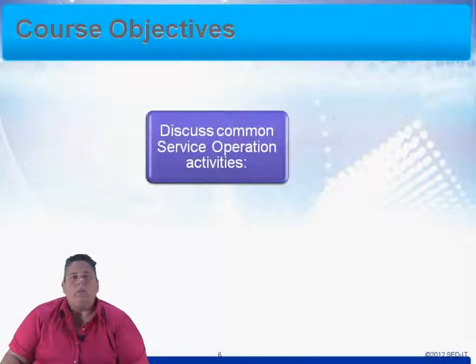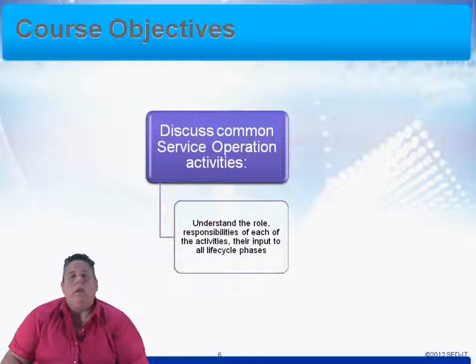Some additional objectives here. We want to look at the common service operation activities, again, from a management perspective, so that we understand the role and the responsibility of those activities and their input to the life cycle phases. Quite frankly, this is the traditional aspect of IT. It is your server management, your data center management, your data storage, and networking, etc. So these are all of the common technical capabilities.